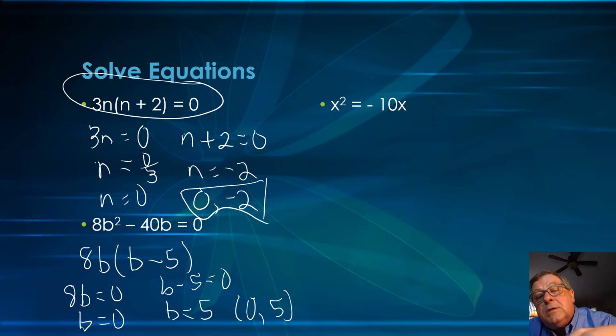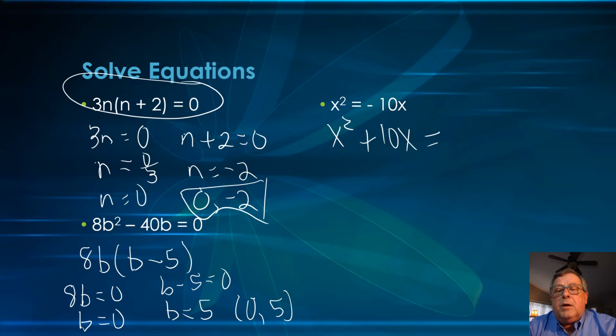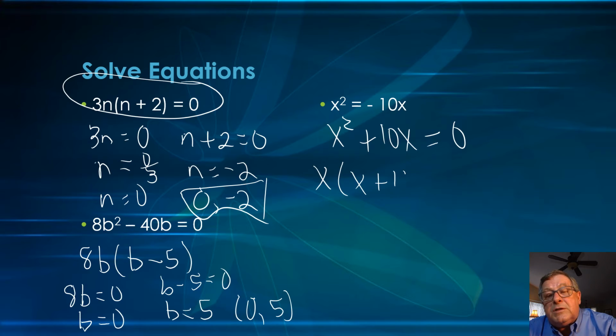And when we do, we've got x squared plus 10x now equaling 0. And again, I'm looking here at common factors. Well, I got an x squared and then a 10x. So I could factor out a greatest common factor of x, which is going to leave me with x plus 10.